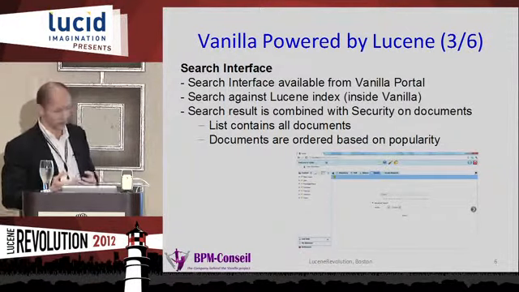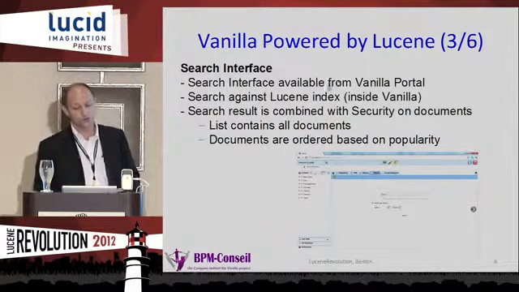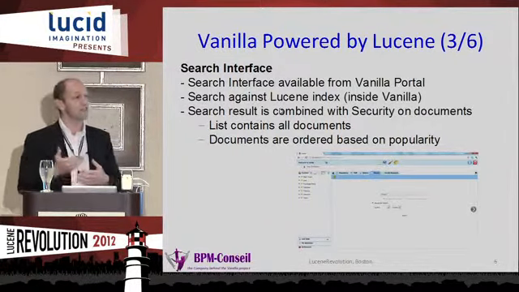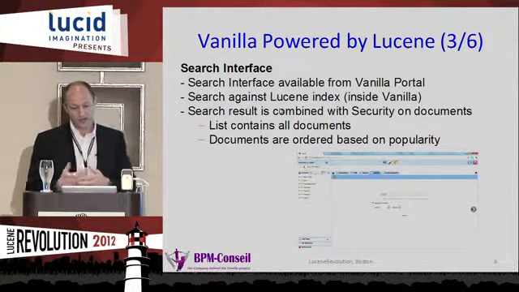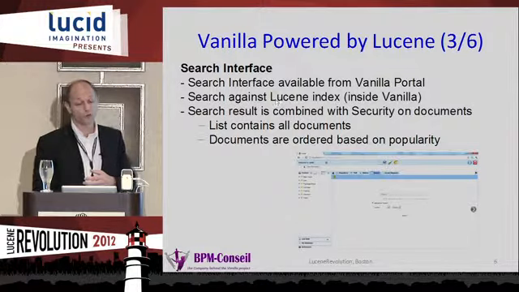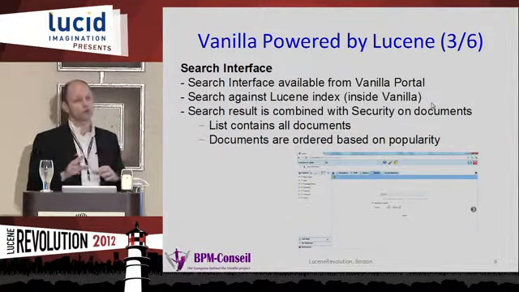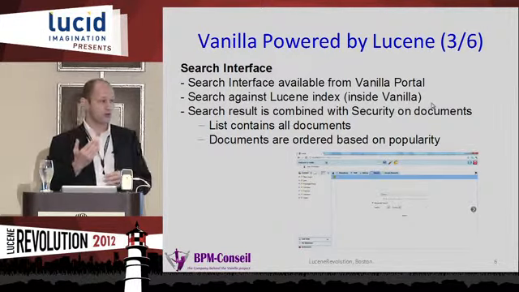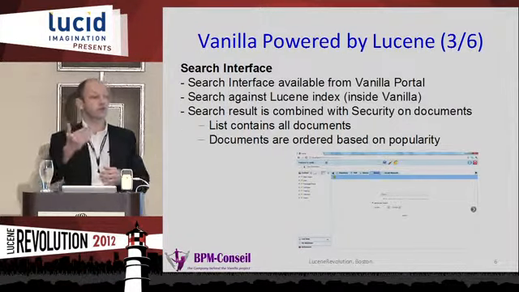Okay. So search is available from the Vanilla portal. We search against the Lucene index inside Vanilla because it was an embedded Lucene. And the search result is combined with security of documents, which means when you run a search, you get a list of documents, reports, but maybe for some reports that are generated in PDF, you don't have access to the document.